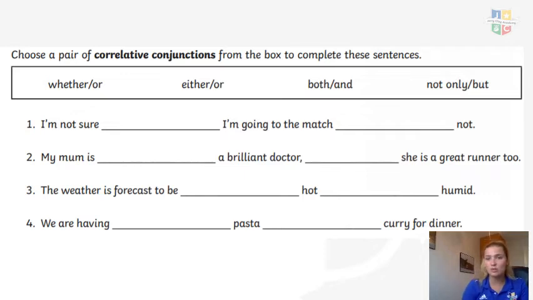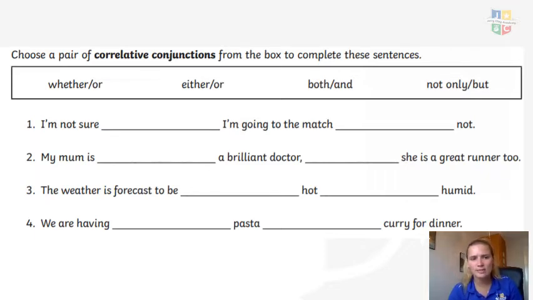So if we have a look to see which conjunctions we could use. I'm not sure whether I'm going to watch the match or not. Well, that makes sense because it's saying I'm not sure if I'm going to watch it or I'm not going to watch it. So we can see how using the first word, whether, in the first gap and the second word, or, in the second gap gives us some more information, some more detail for our sentences.